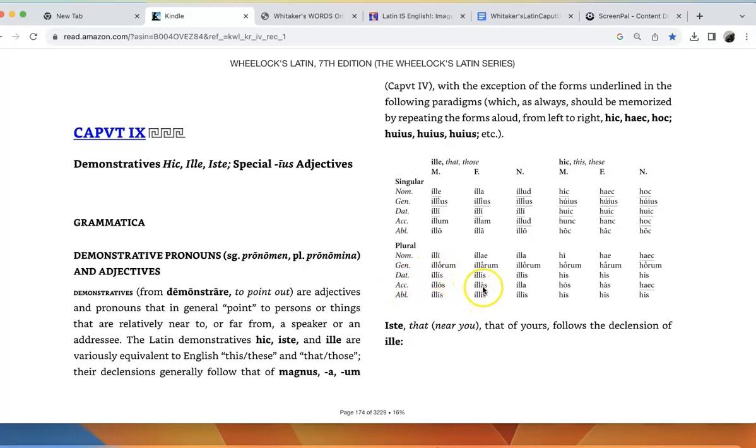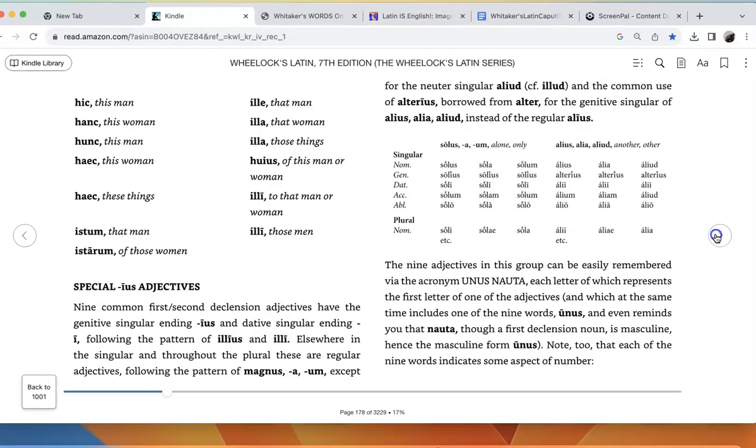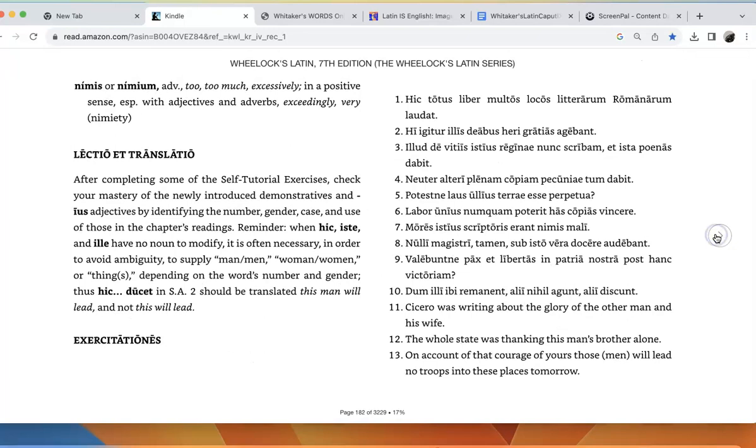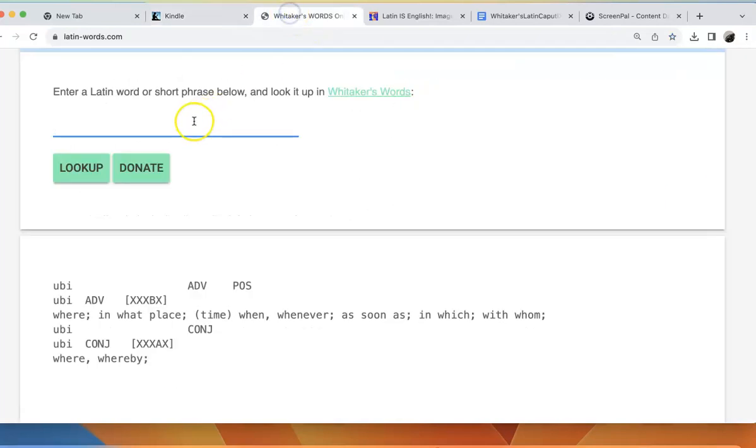And so we've seen that with the first two examples. So hic is masculine, so it's probably this man or this person. Since it's singular, we use this. If it were plural, we'd use these. So we'll just say this for hic, but then we got to go back and look at the rest of the example. And again, you can use Whitaker's words if that helps give you a little more confidence.